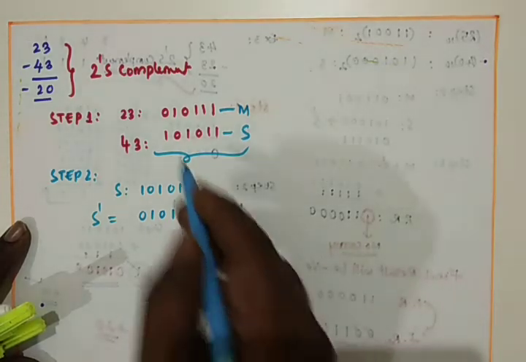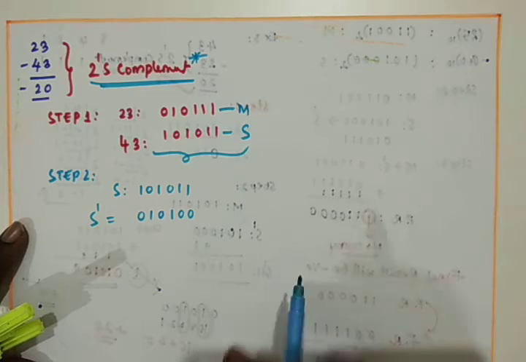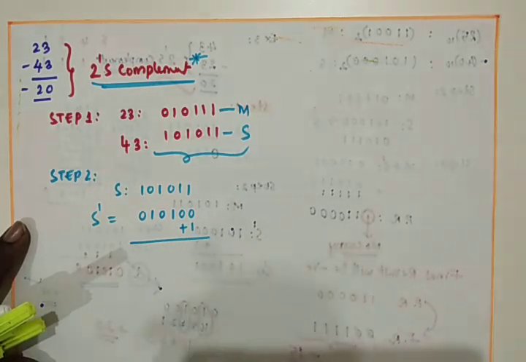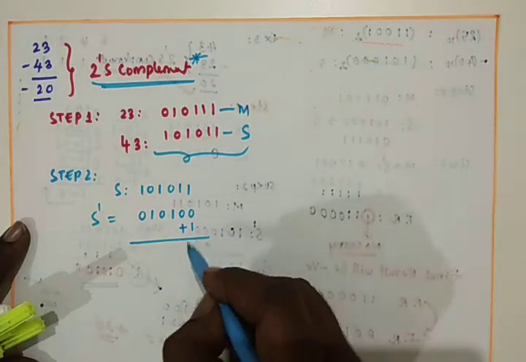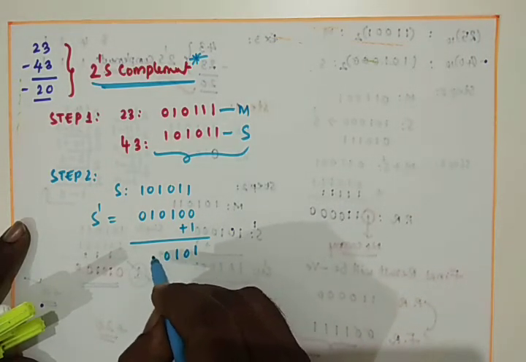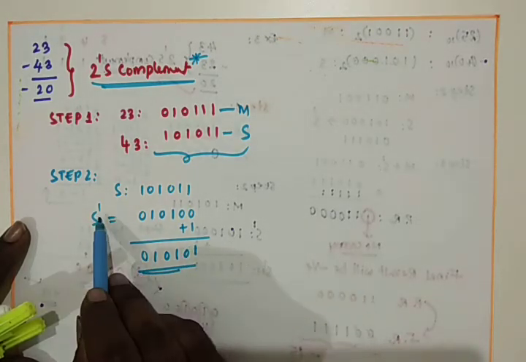This is the 1's complement, but in the given question we have to perform the subtraction using the 2's complement. The 2's complement is nothing but the 1's complement plus 1. So add 1, and we get 0, 1, 0, 1, 0, 1. This is the 2's complement of the subtrahend.